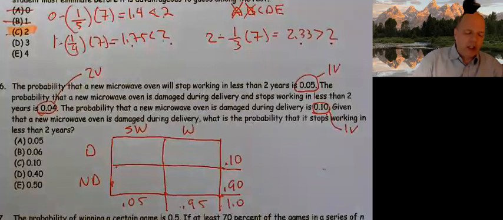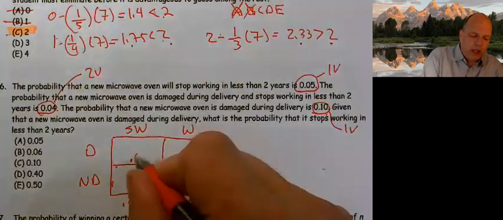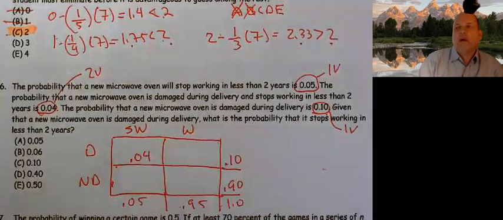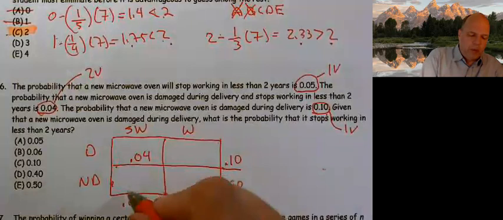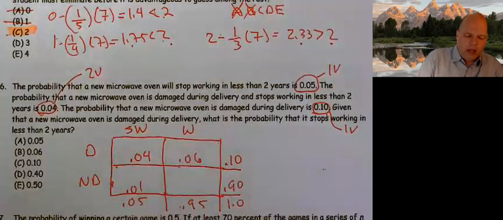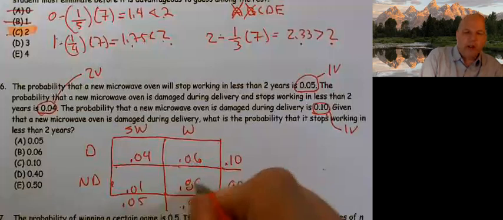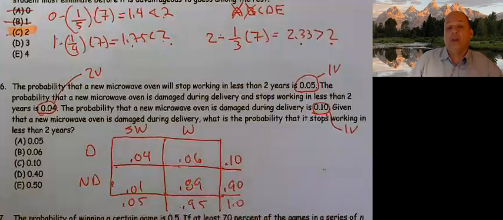So this one's not conditioned, and because it's not conditioned, I can record it just the way it is. All right, and I could actually finish out the table at this point. This would be 0.01, this would be 0.06, and this right here is going to be 0.89. So I finished out the table, although it wasn't necessary to do so.